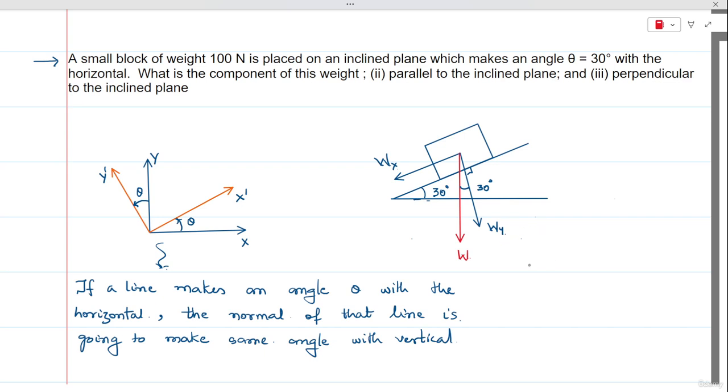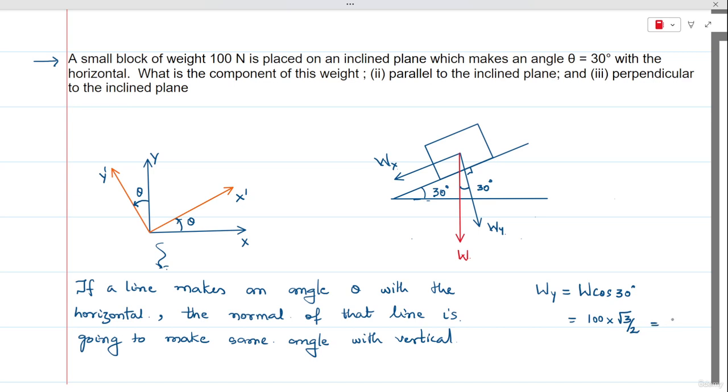So we can write here Wy is equal to W times cos of the angle 30 degrees, which is made with the vertical. That is W is 100 into cos 30, which is root 3 by 2.